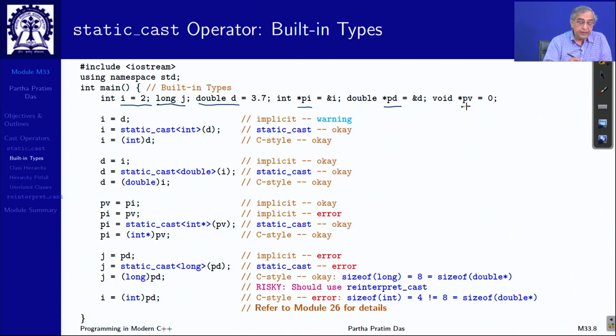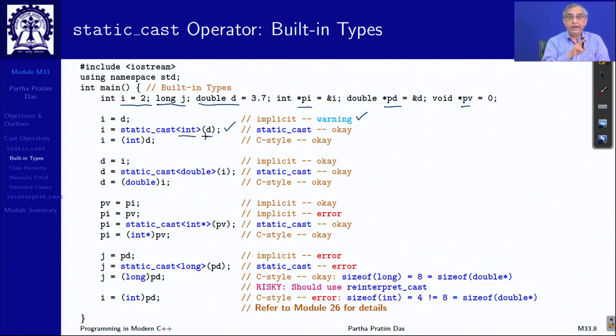Now, if I cast a double to integer, implicitly it is allowed, as we have seen, but it gives a warning. But if I do that with static cast, the compiler will be silent, because the compiler knows what you are doing. So, you can again be reminded of the style of doing this.